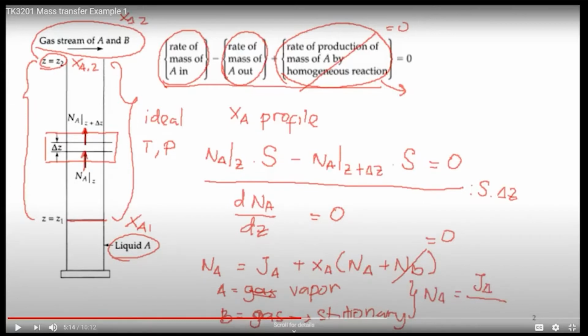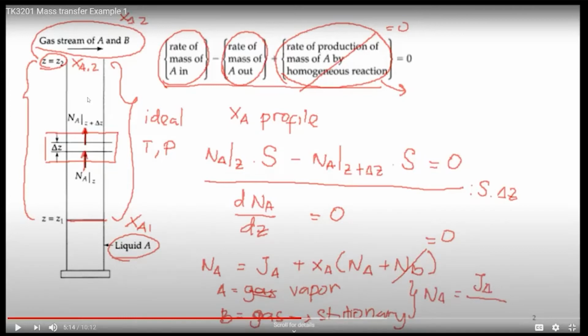The gas stream of A and B only moves at the top of the glass.